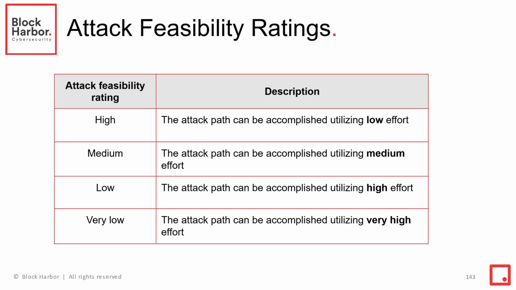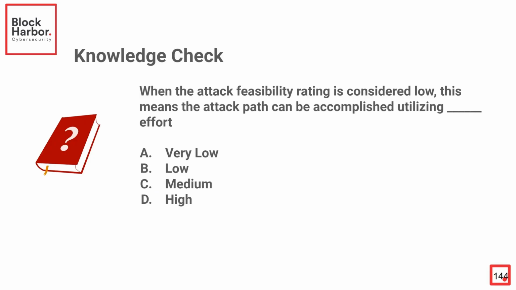Now let's do a quick knowledge check. Hopefully the ratings versus effort was understood. Let's test it out. When the attack feasibility rating is considered low, this means the attack path can be accomplished utilizing either A, very low, B, low, C, medium, or D, high effort. Once again, take some time for yourself to note down the correct answer.